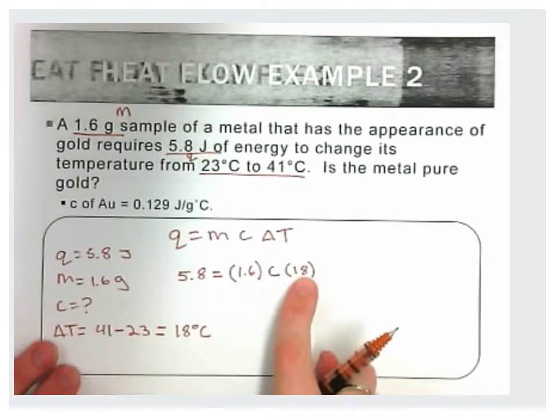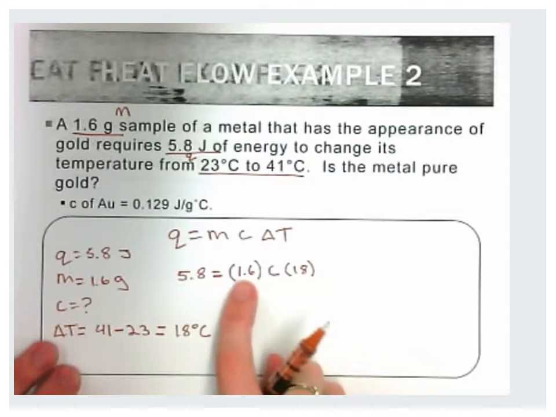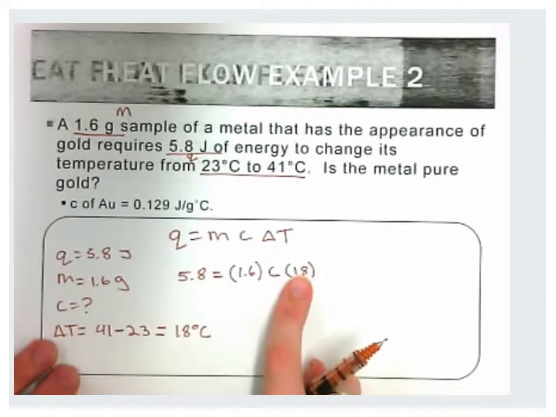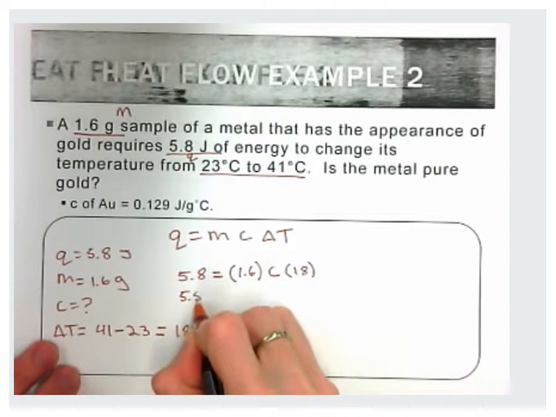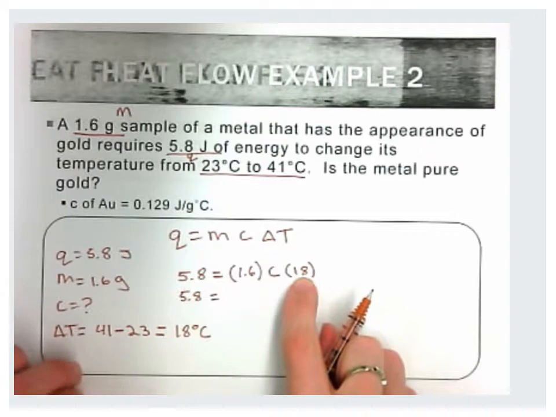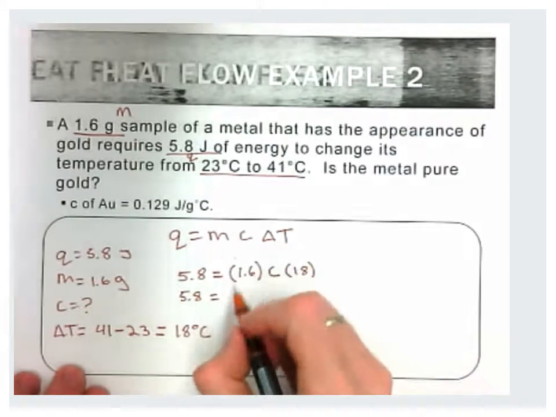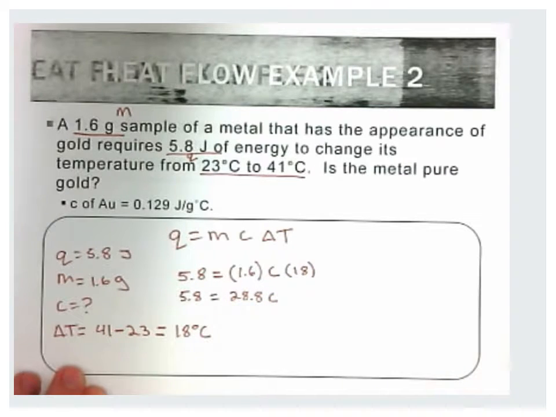Now I have two numbers and one variable over here. I can multiply these two numbers together to simplify what I'm looking at. 5.8 equals 1.6 times 18, which is 28.8, times C.